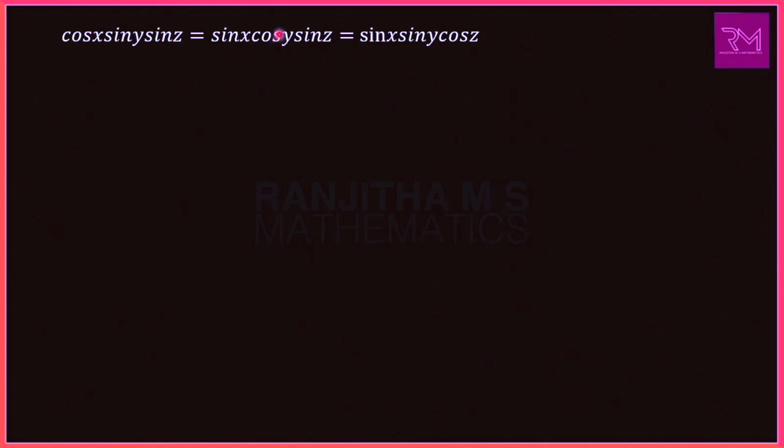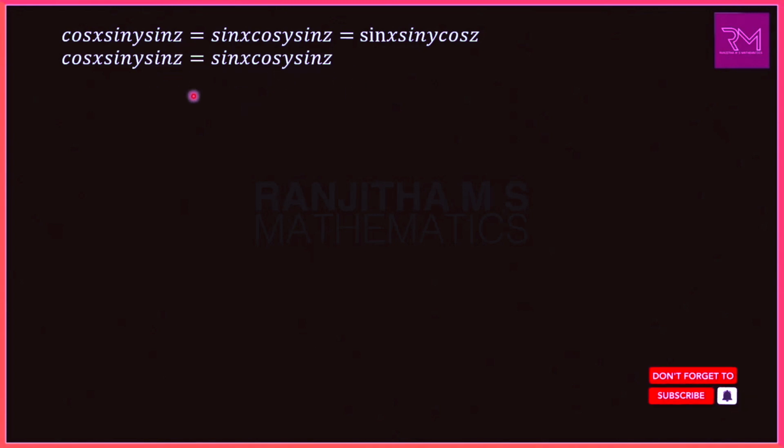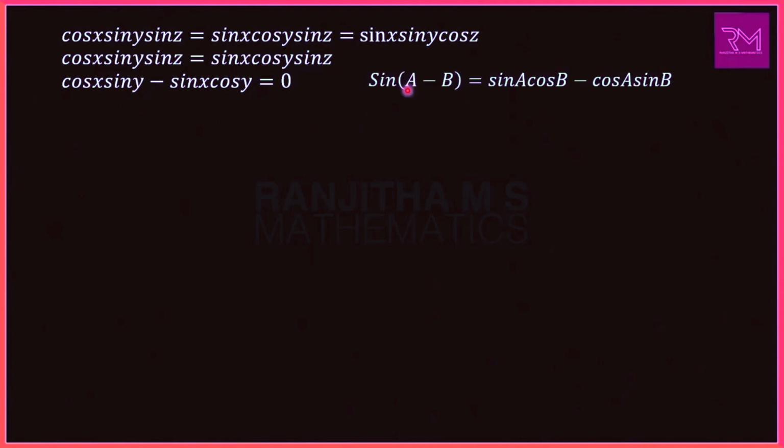In the next step, consider the first two functions, that is cos x into sin y into sin z equal to sin x cos y sin z. From these two equations we can cancel sin z on both sides. The remaining is cos x sin y. If we take sin x cos y to the left hand side, that becomes minus sin x cos y, equal to 0. Here we have to note that this is of the form sin of a minus b. We know that sin of a minus b is sin a cos b minus cos a sin b.